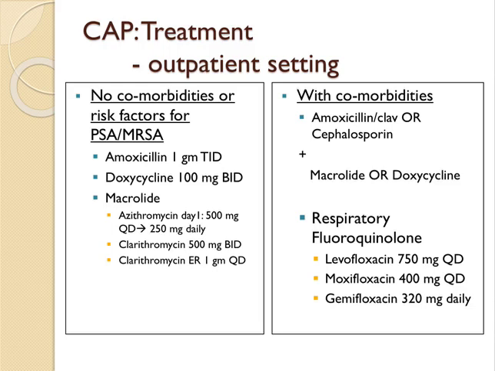Specifically for amoxicillin/clavulanate, I'll mention that they actually mentioned 3 different dosings, either 500 milligrams of amoxicillin 3 times a day or 875 milligrams twice a day.